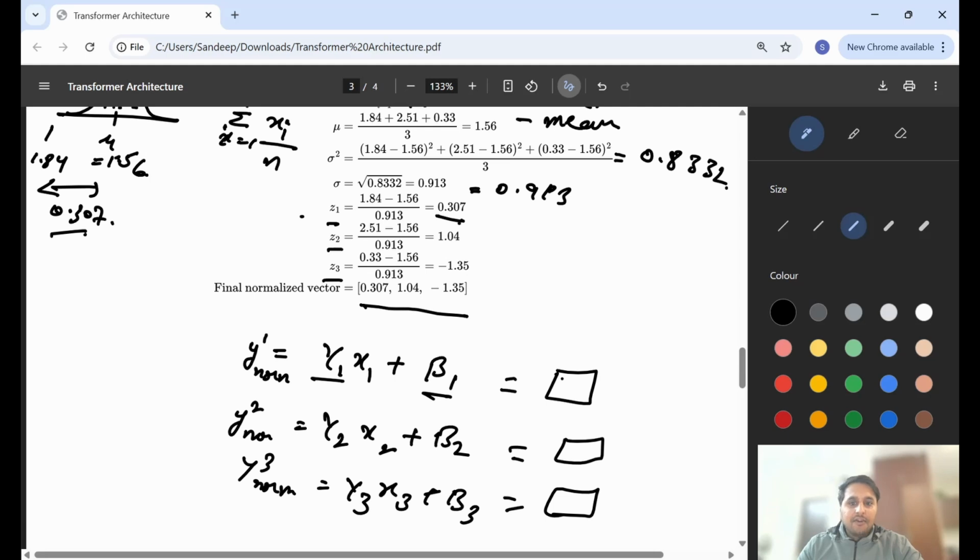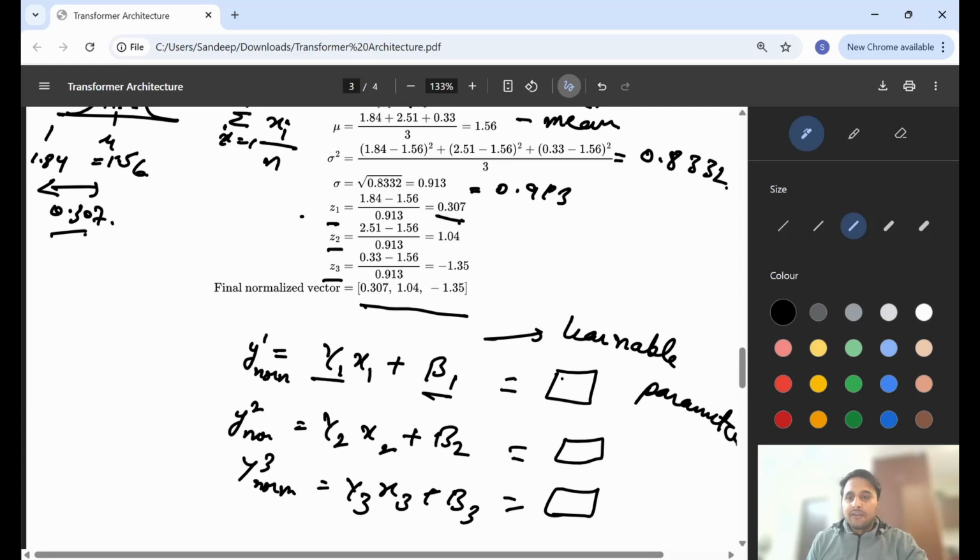That is why gamma and beta are learnable parameters, and we allow our model to learn its own scaling and shifting.